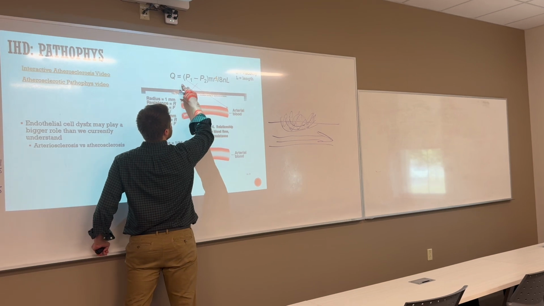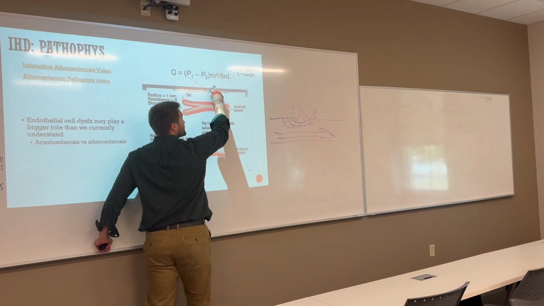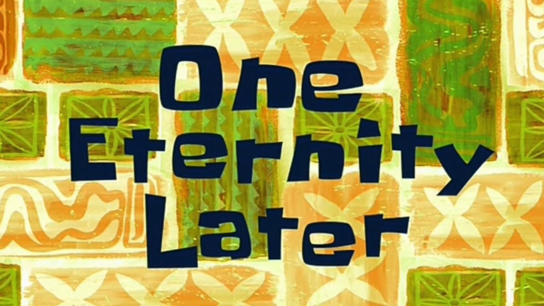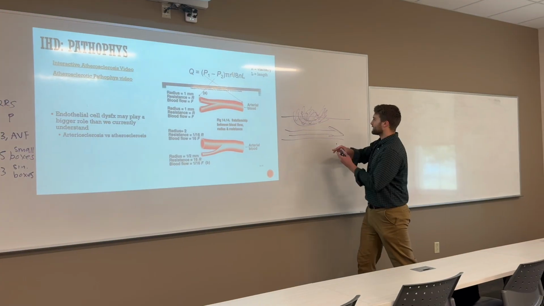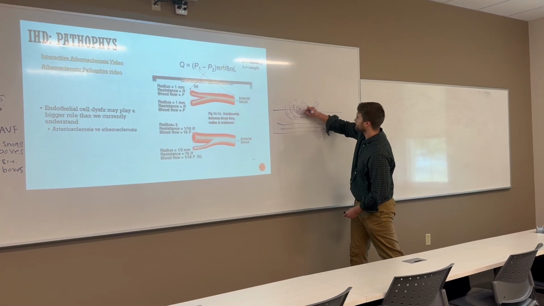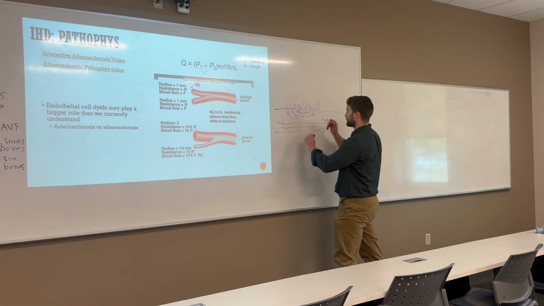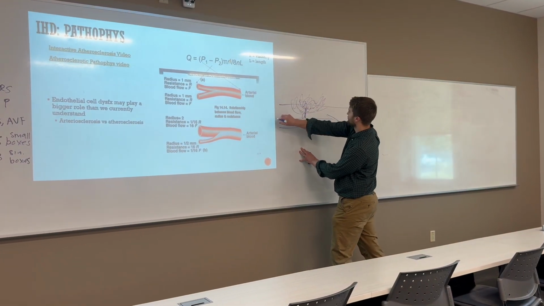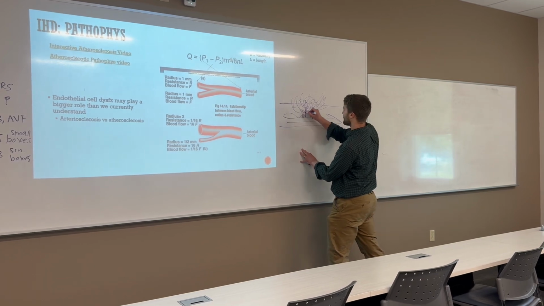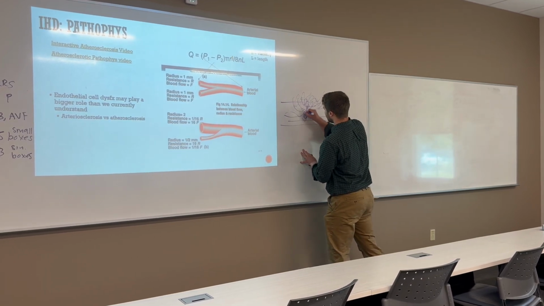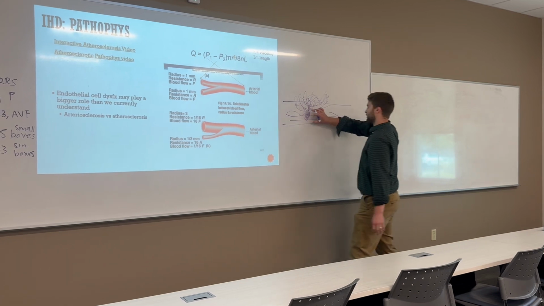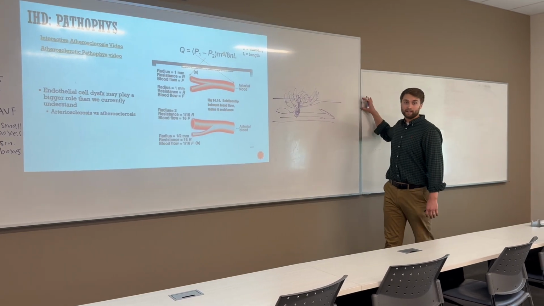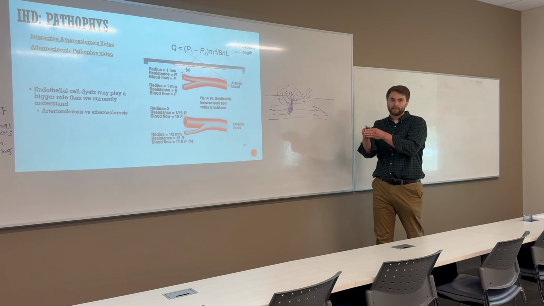Flow equals pressure times pi r to the fourth. Then what also happens is that this fibrous cap is unstable, and as it continues to grow, it pops right here. And then your platelets will come attach right here and form a clot, and eventually this will break off, flow downstream, and get stuck further down and cause ischemia.